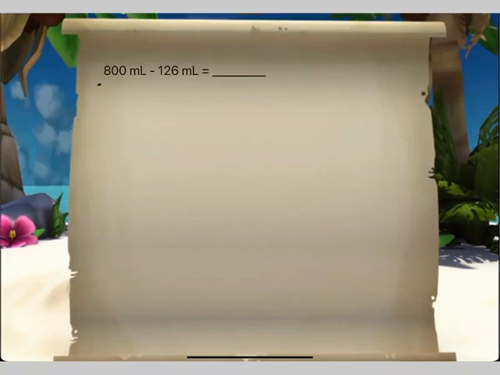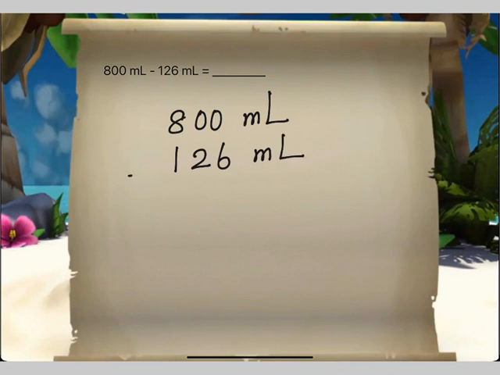The next problem is 800 milliliter minus 126 milliliter equals what? So let us write the problem vertically. 126 milliliter subtraction. The first column, when we subtract, we don't have enough ones on the top.